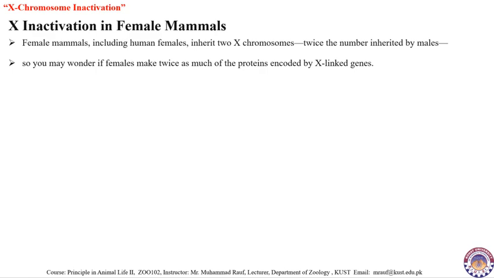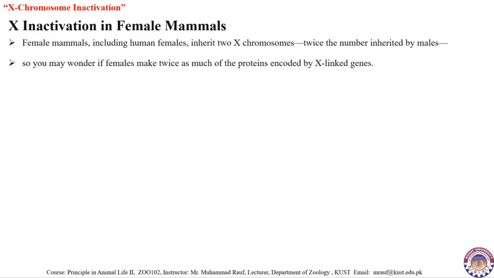The Y chromosome is responsible only for determining fertility and maleness, and the X chromosome carries more than 1000 genes. So the human male carries a single X chromosome where only 1000 genes are present.